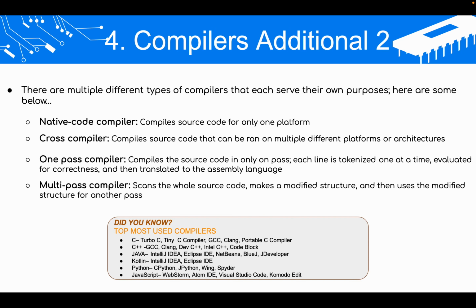And then there are multi-pass compilers, which scan the whole source code, make a modified structure, and then use that modified structure for another pass. Examples of the most commonly used compilers are GCC and Clang for C. And for Java, there's the Eclipse IDE, which comes with a built-in Java compiler.